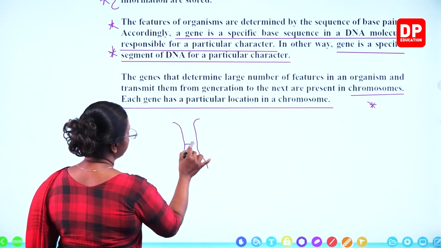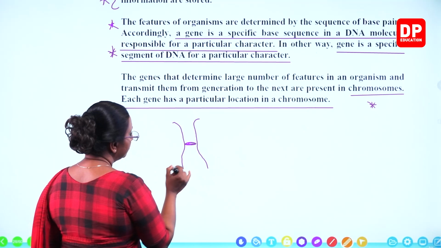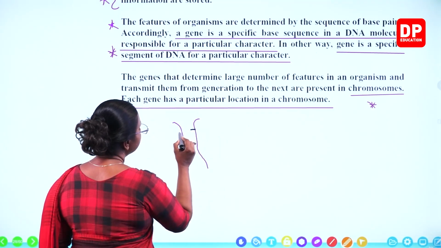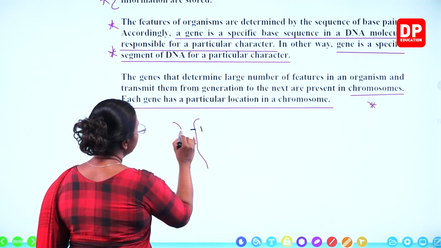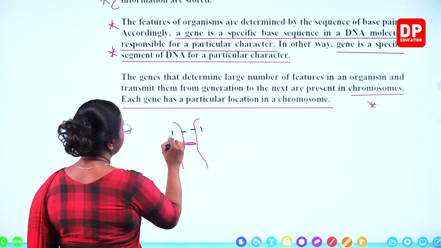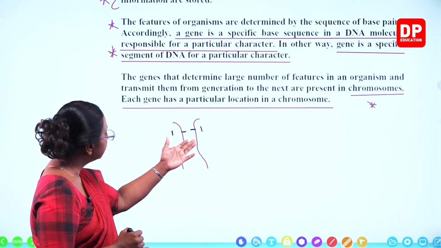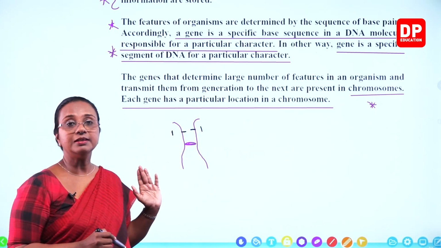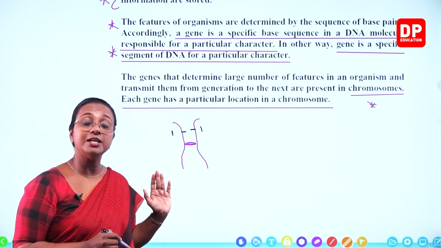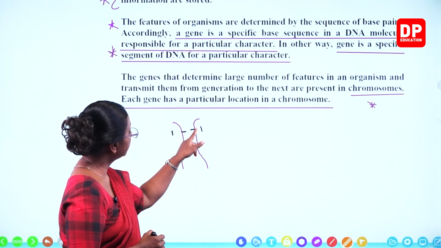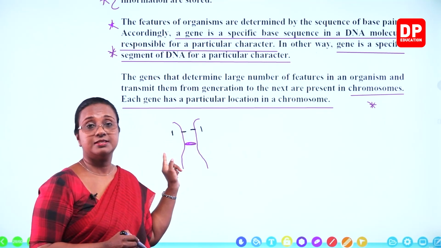Let's say this is character 1 located in one chromosome. The same character will be located in the other chromosome also. We'll just assume the tall character, the height of the plant, tall or short. So these two are the two factors, the two genes.